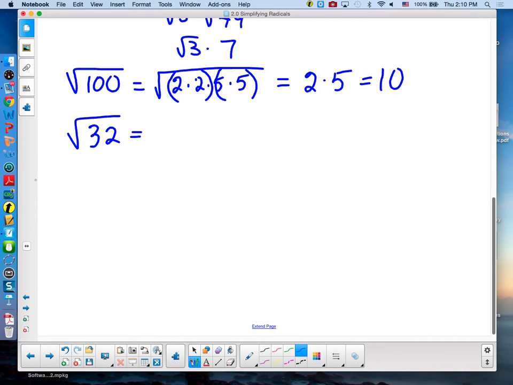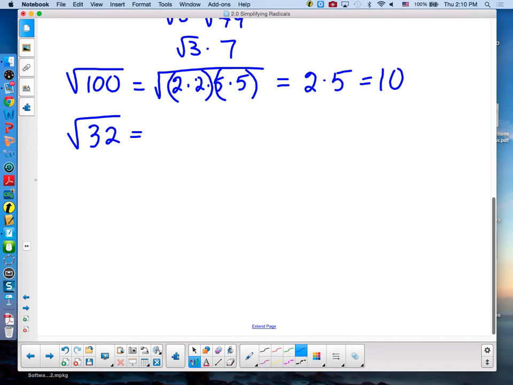Okay, so pair up. There's a lot of 2s. Pair up what you can. I think it's 5 2s is what the prime factor is.